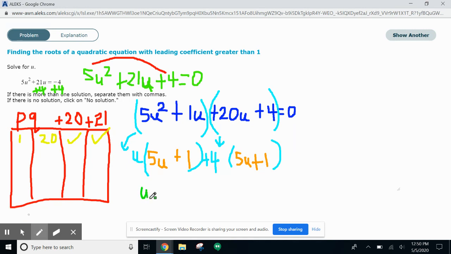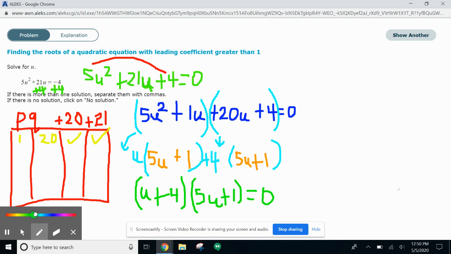It'll be u plus 4, and this will be 5u plus 1. Now I have my two terms, and they are both going to equal 0. And actually, I should have put an equal 0 up here too. Don't want to leave that out.